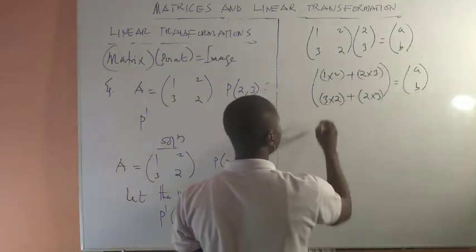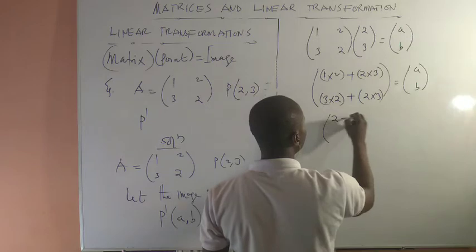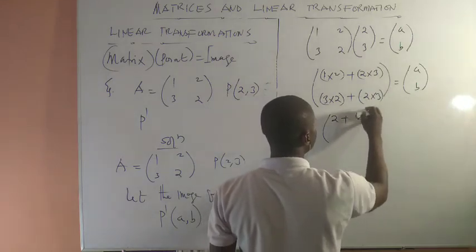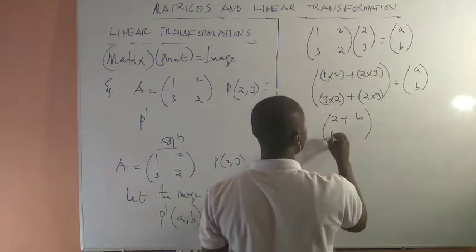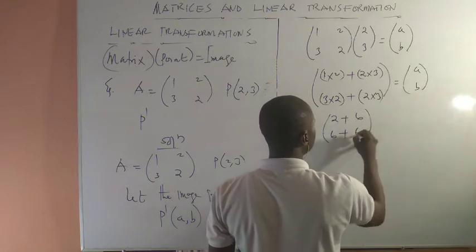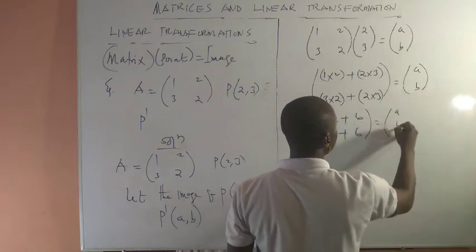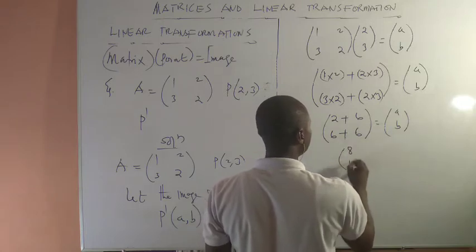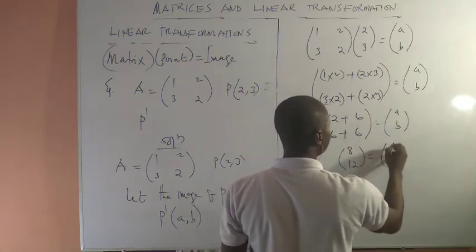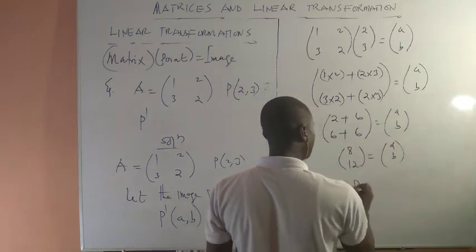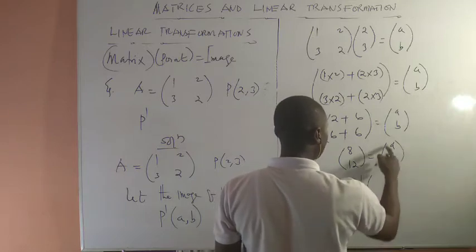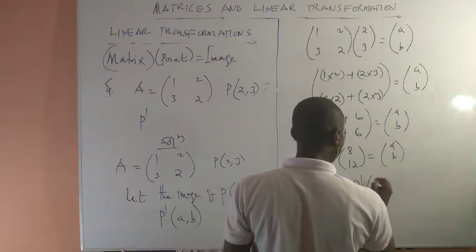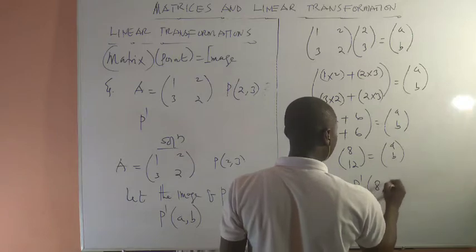Now we simplify. 1 times 2 is 2, plus 2 times 3 is 6. Then 3 times 2 is 6, plus 2 times 3 is 6. And this will be equal to AB. So 2 plus 6 is 8, 6 plus 6 is 12, and this will be AB. So it means that the image, which we said should be AB, is now 8, 12.